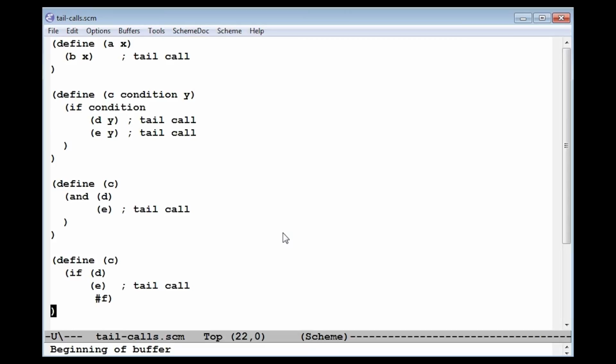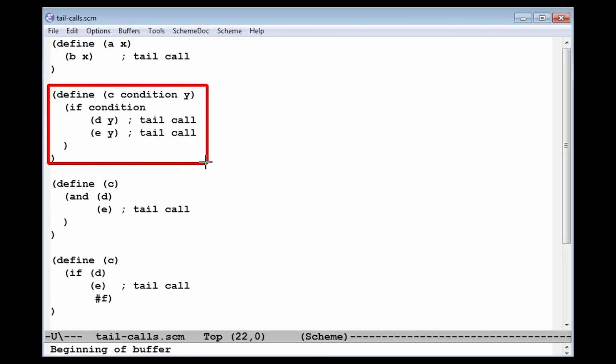Now let us take a look at some small Scheme functions and identify tail calls. First, in the function a, b is a tail call because there are no pending calculations going on when b returns. So when a calls b, the stack frame of a is discarded before we call b.